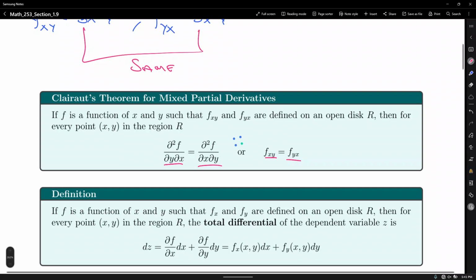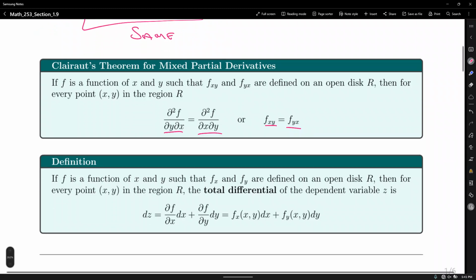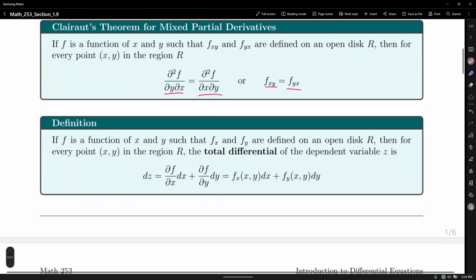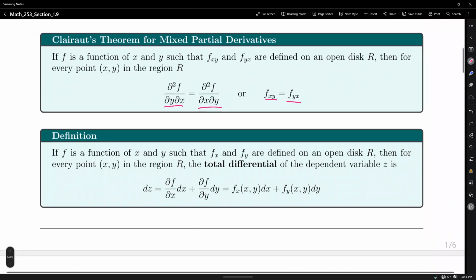Now, also in Calc 3 we talk about the total differential. What's the total differential? Well, number one, let's find the differential of some function of x, like y equals x squared.